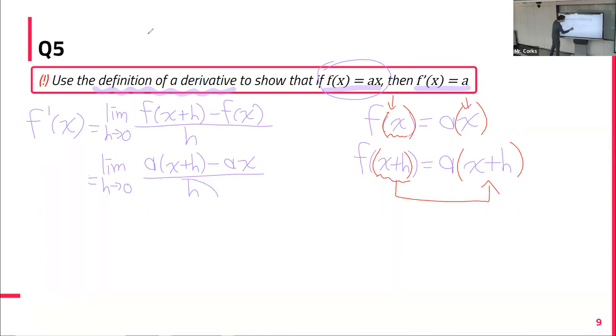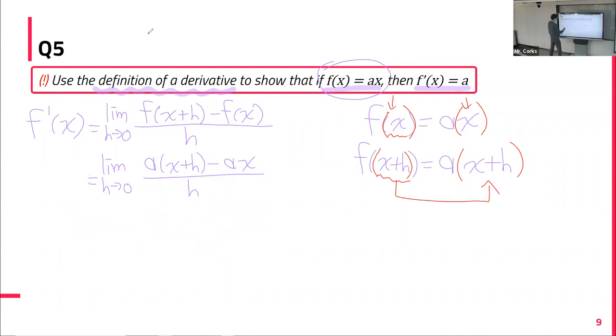We have an h on the bottom. The whole purpose is to evaluate the limit. If we evaluate it now, with h as 0, we get a of x plus 0 minus ax all over 0. But that's a division by 0 problem, we can't do that. So our whole goal here is to get rid of the h in the denominator at the bottom of the fraction.